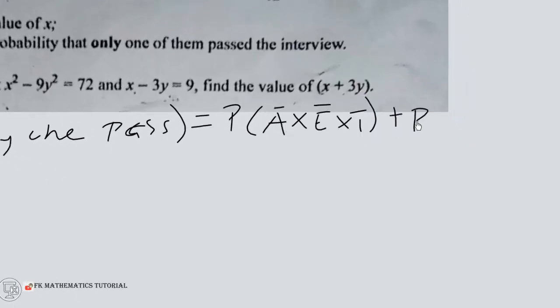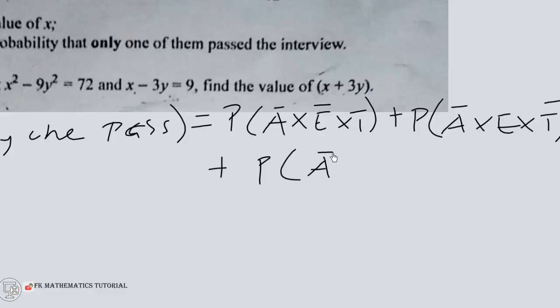Then we have A failed, E passed, but T also failed. Then we have A passed, then E failed, T also failed.